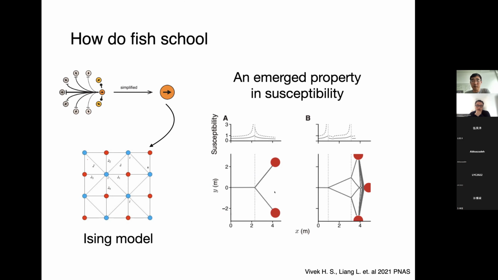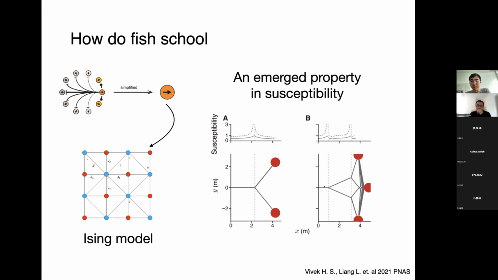So here we have two identical targets. And if the individual faces three identical targets, there are multiple bifurcation points, like the points where you need to make a decision quickly. Once the individual is very close to the point, the susceptibility exponentially increases.